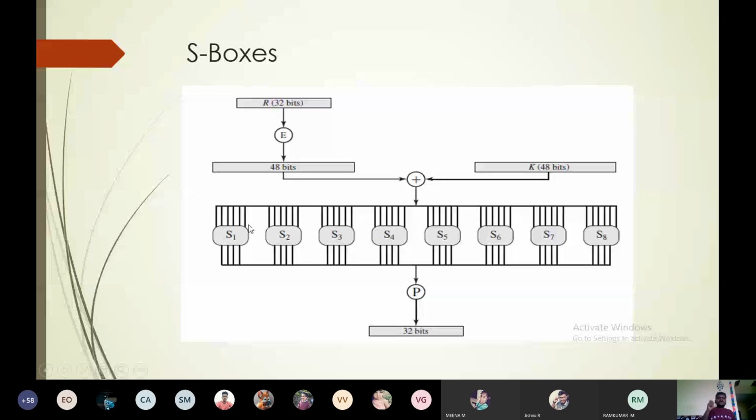For every S box, I have given 6 inputs, but the output will be 4 outputs. It is also very important that you draw only 6 lines here, not more than that. This is also notable during paper correction. So this will be the 6 input bits, and the output will be 4 bits.